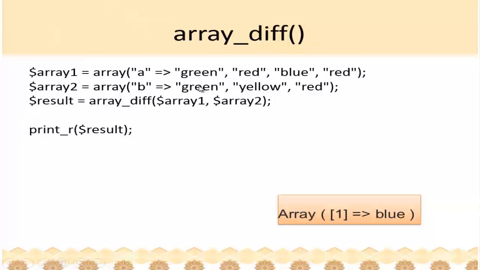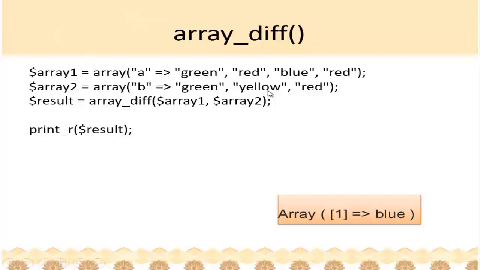Green and green is there. Red and red is there. Yellow is there on the other side, but it's not there in the first one. But blue is there in the first one, and it is not there in the second one. So then it's going to say the difference is blue, which is extra in the first array. Remember, this may be extra in the second array.